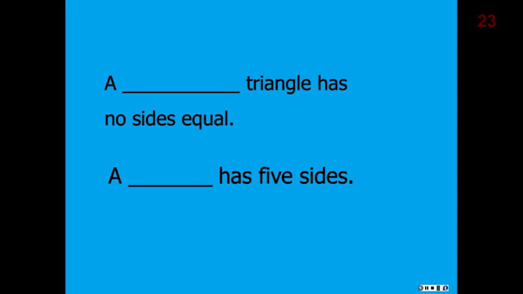What kind of triangle has no equal sides? No. It starts with an S. Oh my goodness. Isosceles starts with an I, and I just said it's not isosceles.